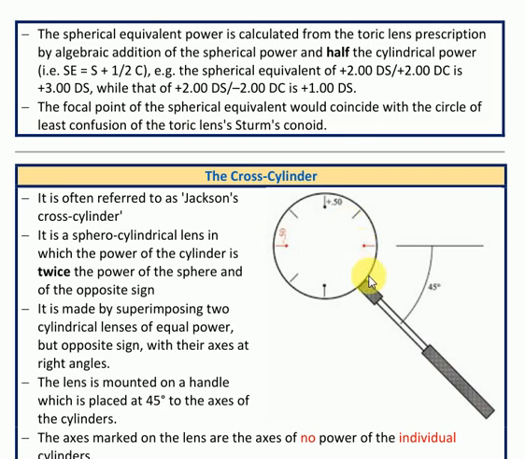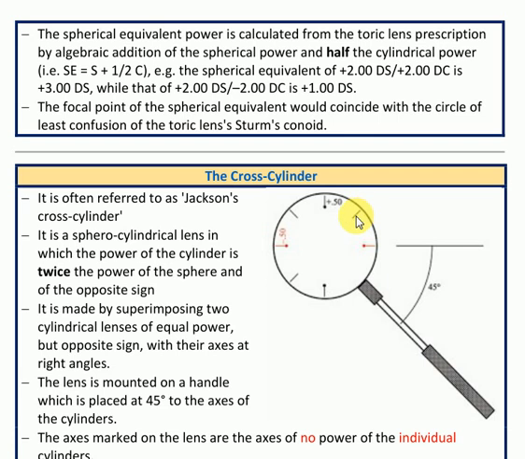The axis of this lies obliquely to the axis of the trial cylinder. So to check the axis, this lies obliquely, and to check the power, it is placed in the same axis as the trial lens axis.